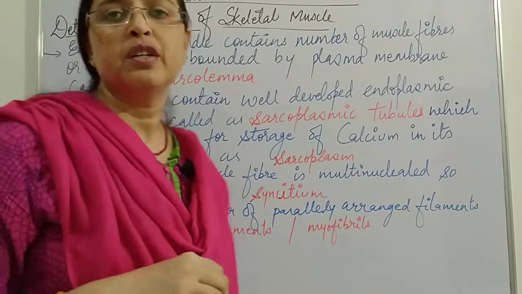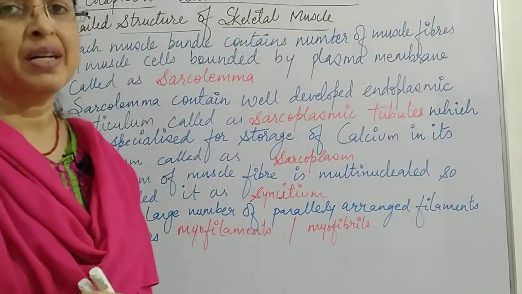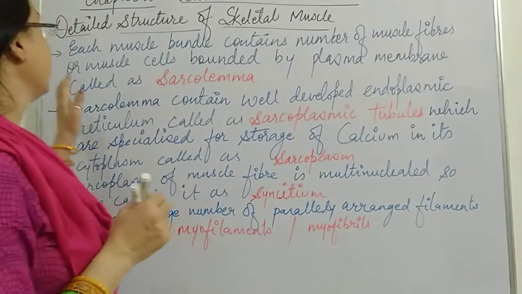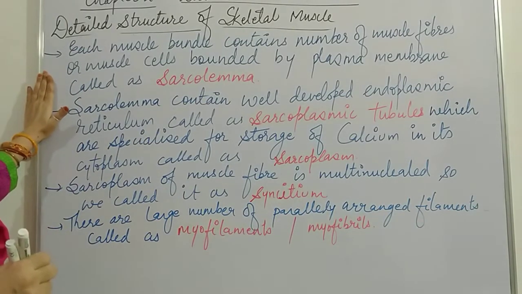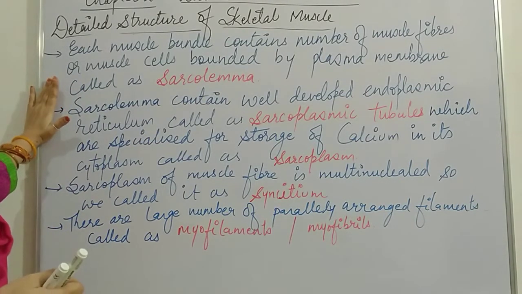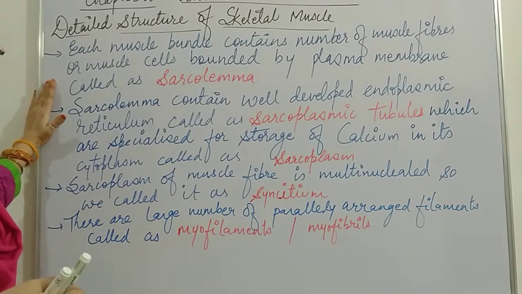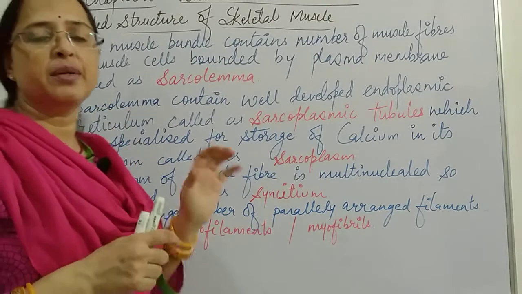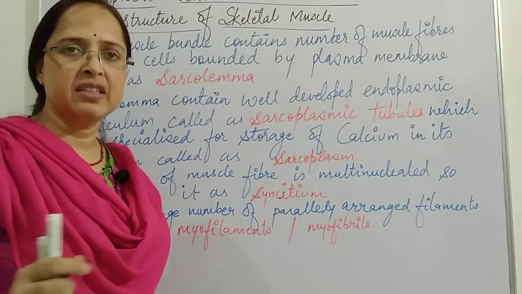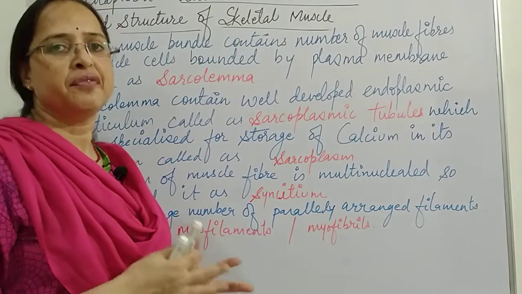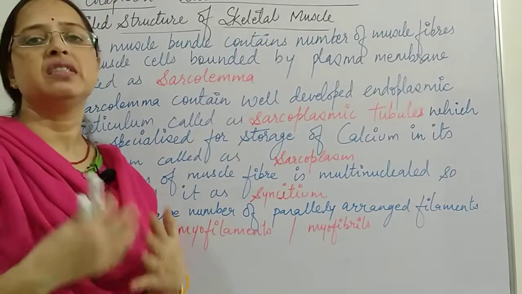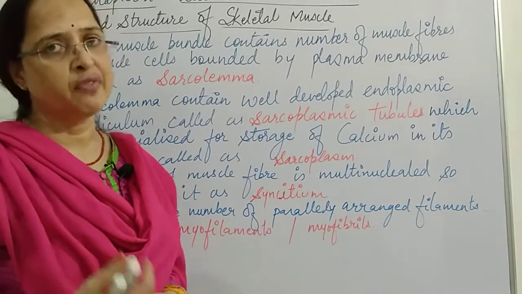Now students, we are continuing with the structure of the muscle. Each muscle bundle contains a number of muscle fibers, or we call them muscle cells. Just now I told you that the muscle cell is elongated, that's why we call it a fiber. So instead of muscle cell, we use the term muscle fiber.